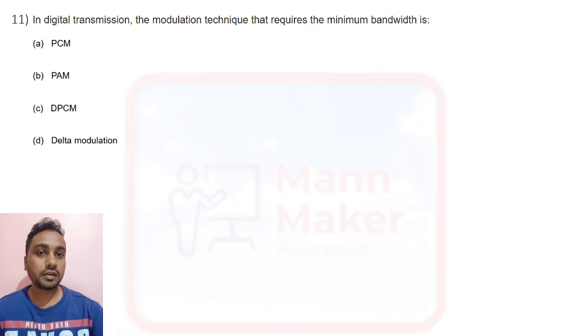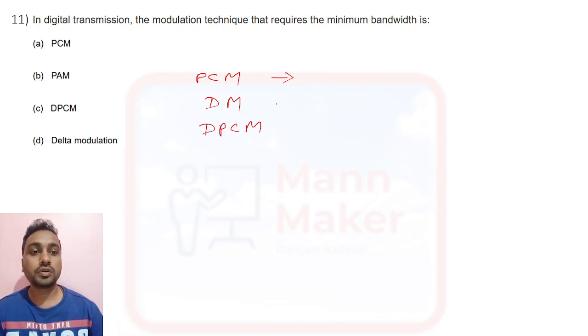Next, in digital transmission, the modulation technique that requires the minimum bandwidth is. So generally we have three types of digital modulation technique in digital transmission: PCM, DM, and DPCM. PCM means pulse code modulation, DM is delta modulation, and DPCM is differential pulse code modulation.